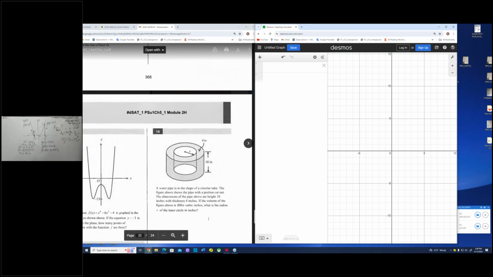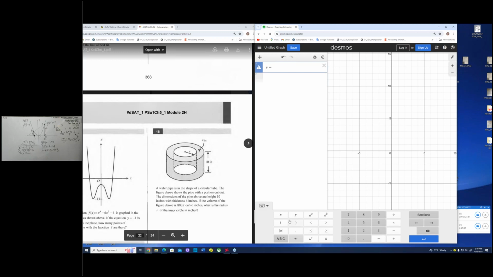So this actually: y equals x to the first power minus 6x to the second and minus 4.